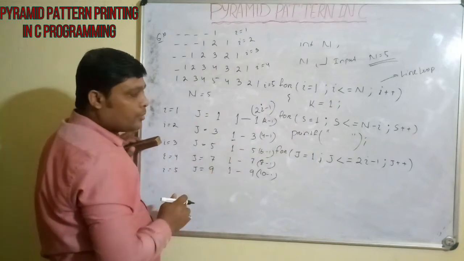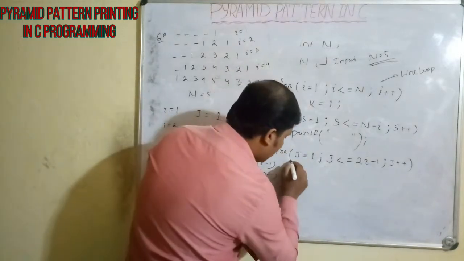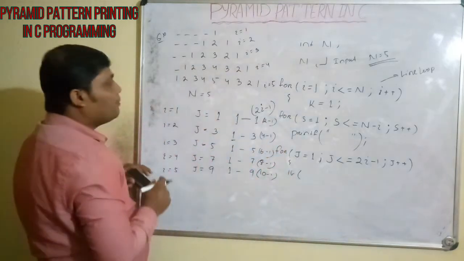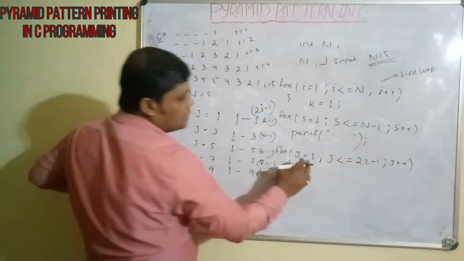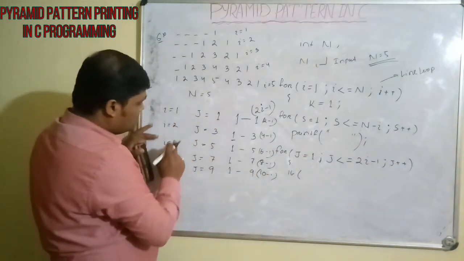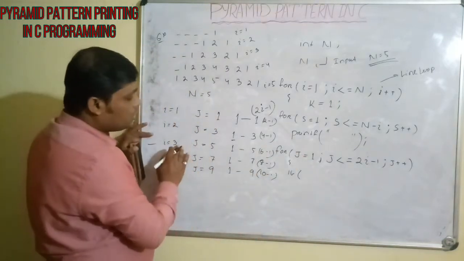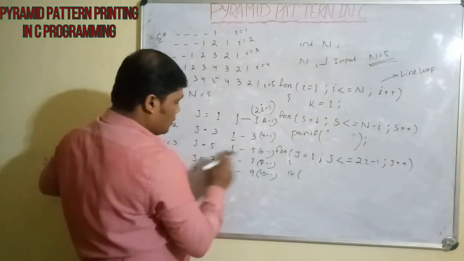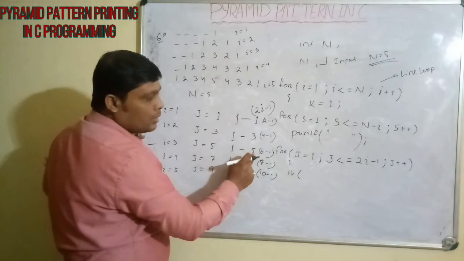This is the j loop. And inside the j loop, I have to give one condition. Suppose i equal to 3: it is printing 5 values. It will continue from 1 to 5. Clear?